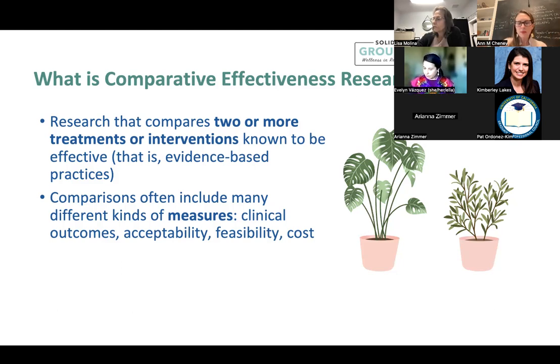So they take baseline assessments to understand what their depression symptoms look like, what are some general background characteristics, do they have any other kind of symptomology like anxiety? We also assess for that, but we're focused on depression. And we then randomize them. So they either get the Monstera or the olive tree.